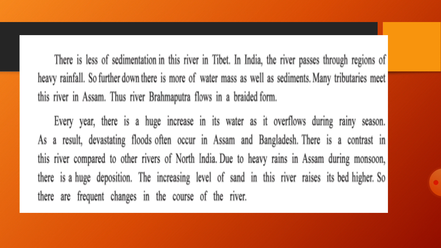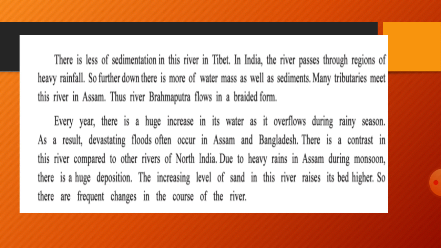And in India, the Brahmaputra flows through an area receiving heavy rainfall, and hence the river carries much alluvium with it. There are many tributaries that meet this river in Assam, and they make the flow take a braided form.